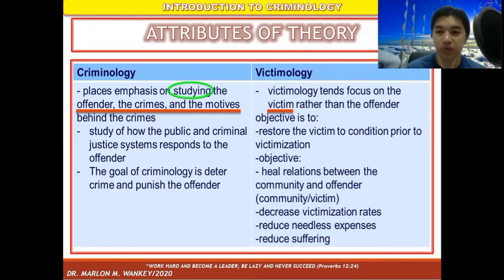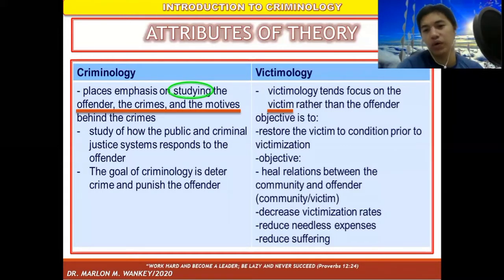Punishment doesn't mean to inflict injury on the offender, but to give the appropriate punishment, such as once the offender is charged, becomes accused of the case, and is proven guilty, he will be put behind bars. While the objective of victimology is to restore the victim to the condition prior to victimization. Another is to heal relations between the community and the offender.